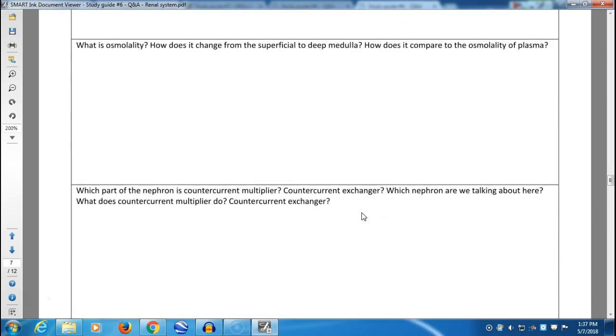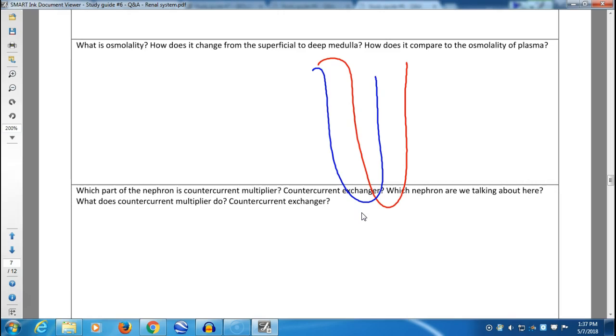Osmolality. Red is nephron loop, blue is vasa recta, and it's PCT. Let's overview it. Osmolality is highest where? The bottom. Now, the volume is highest where? Top, at the PCT, right? Lowest here.